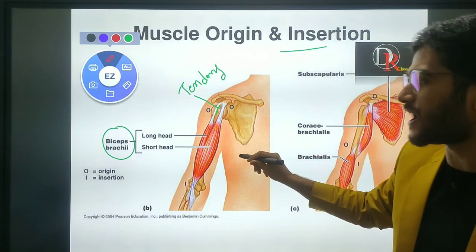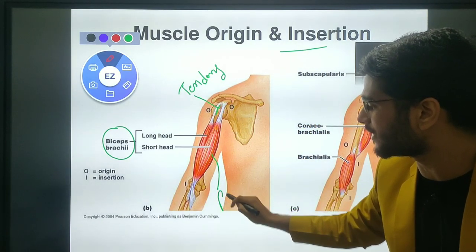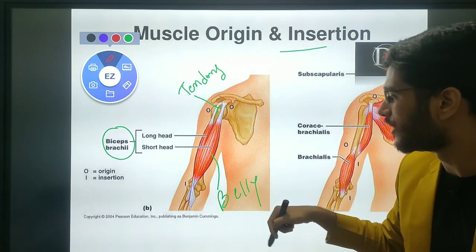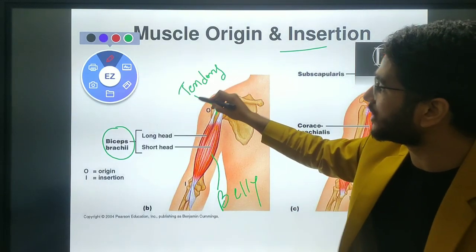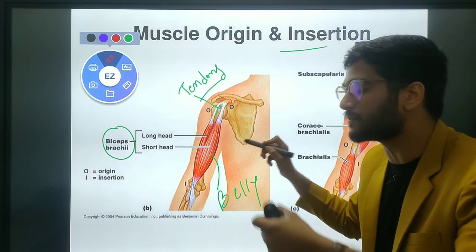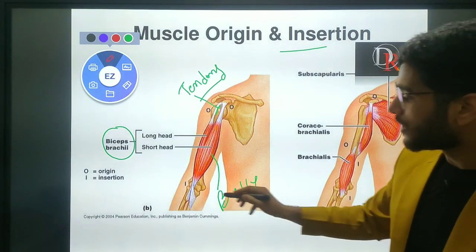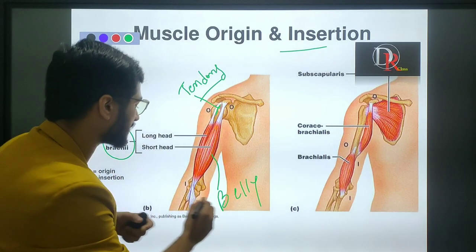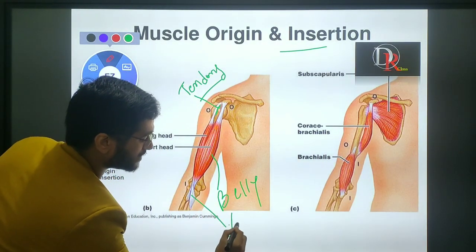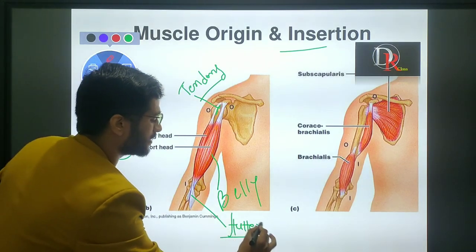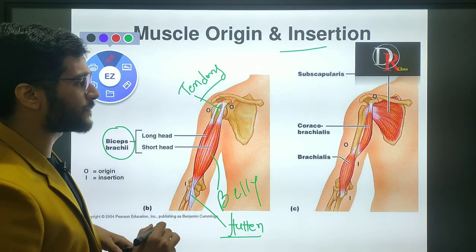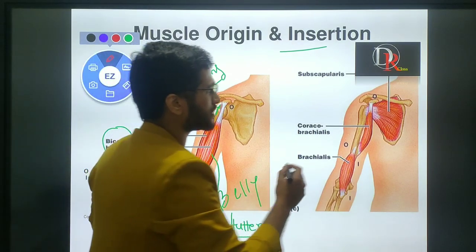This is the fleshy part, and this fleshy part is known as the belly. Whereas at the site of insertion, it again becomes a tendon, but here the tendon becomes flattened, and this flat tendon is known as the aponeurosis.